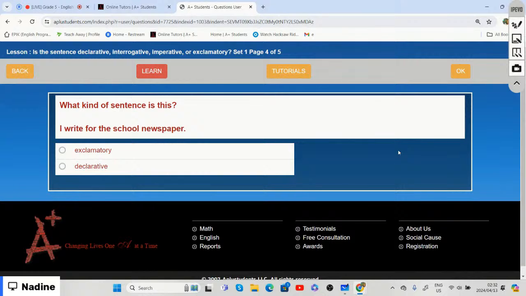All right, then if we choose the correct answer, we can say this is a declarative sentence. We say it's a declarative sentence because the person is just saying something, right? It's like I'm just telling you that I write for the school's newspaper. So this is just a statement that is being made.